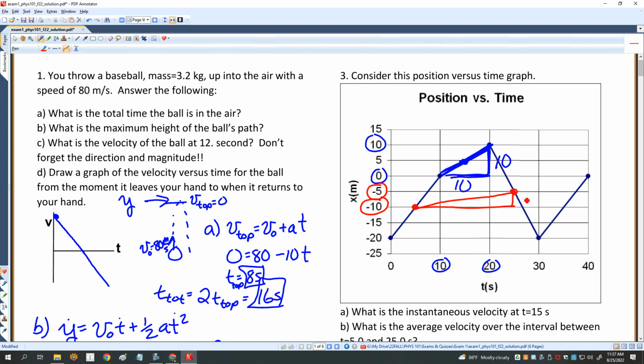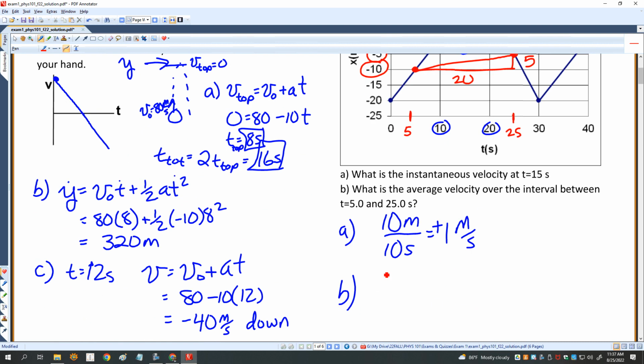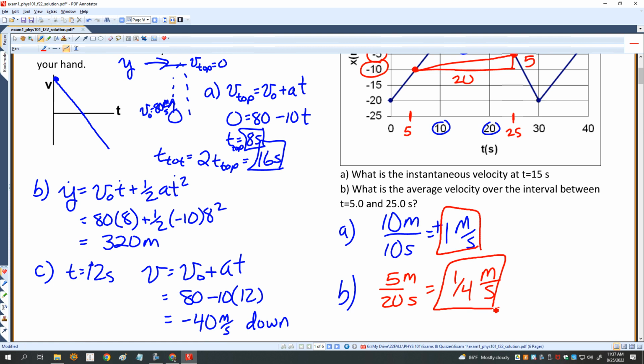That gives me a rise of 5, and then my run goes from 5 to 25, so my run is 20. Rise over run gives me 5 over 20 meters over seconds. That is 1/4 or 0.25 meters per second. Those are the answers there and there.